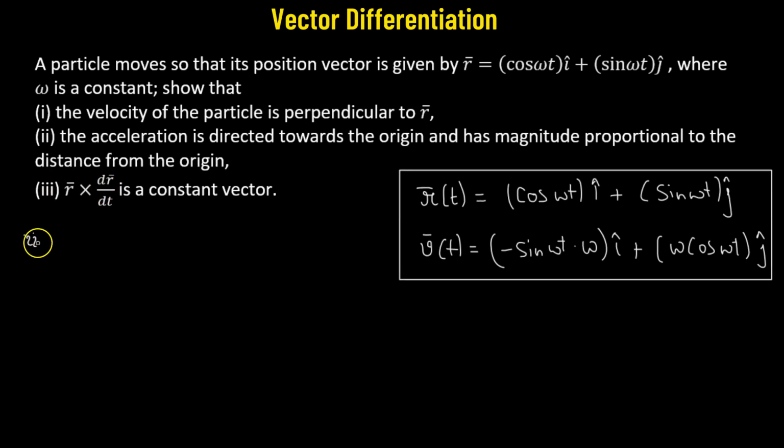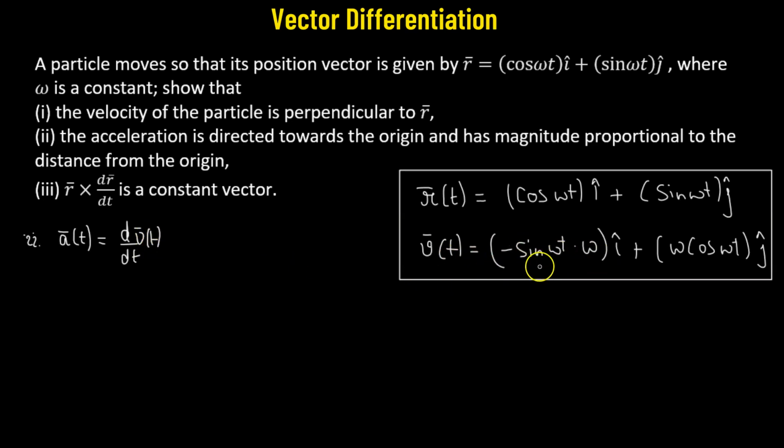We'll first determine the acceleration. So the acceleration vector can be defined by taking the time derivative of the velocity vector v of t. We have already obtained the velocity vector in the previous problem, so we'll use the result.